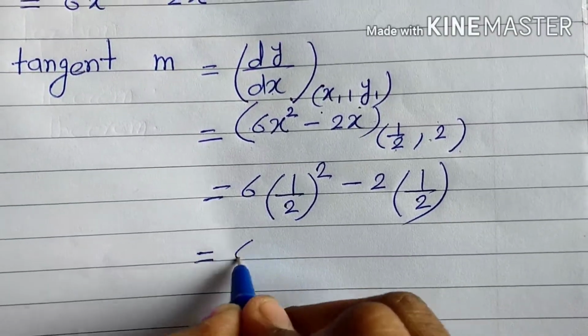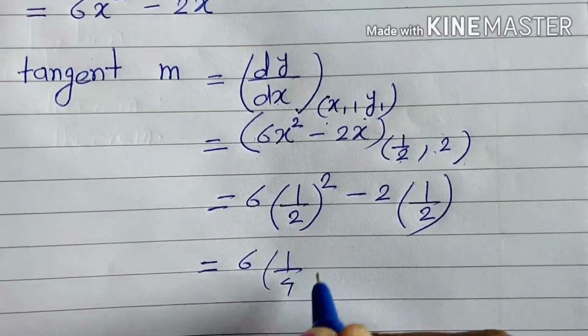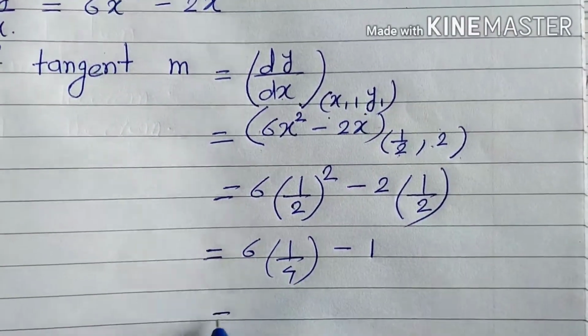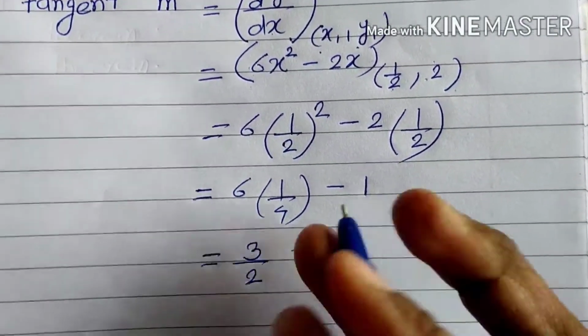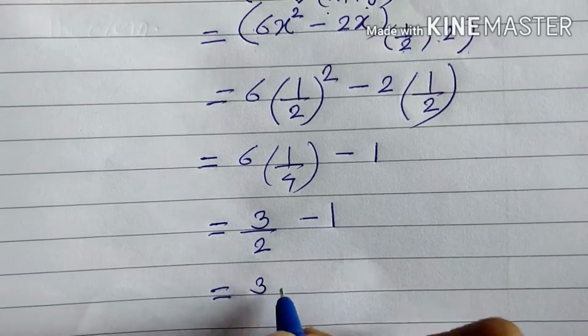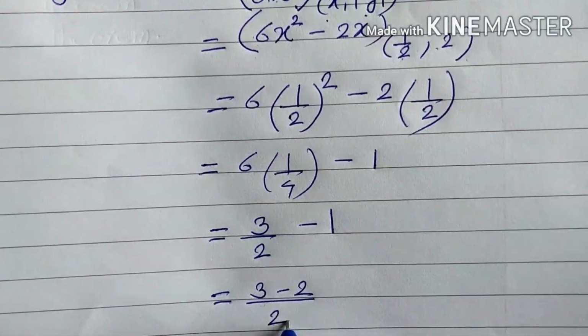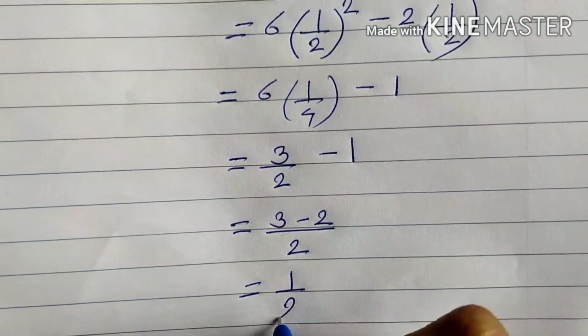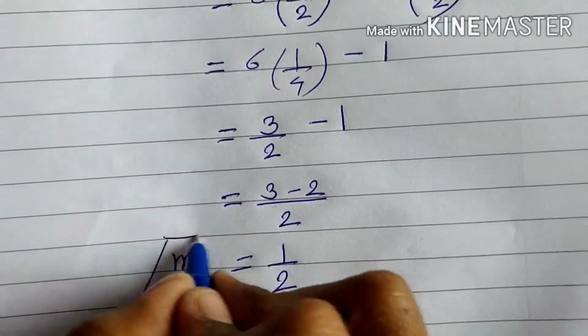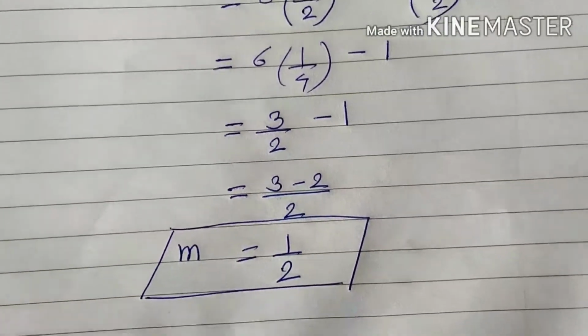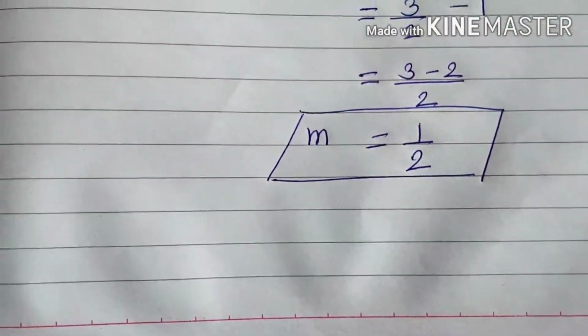Now calculate: 6 by 4 minus 1, so it is 3 upon 2 minus 1. Cross multiply, 3 minus 2 upon 2, which is equal to 1 by 2. So slope of tangent m is equal to 1 by 2. Now we also find slope of normal.